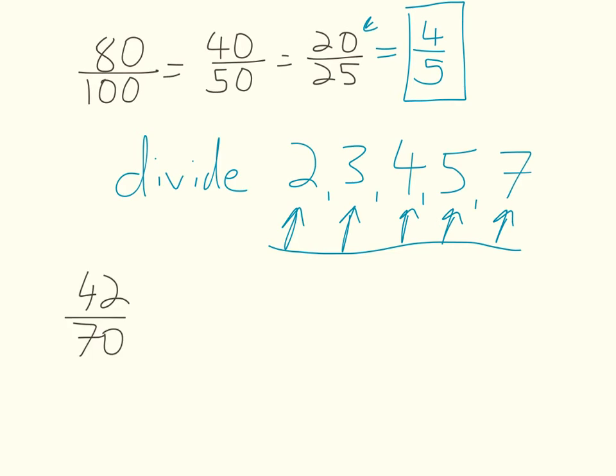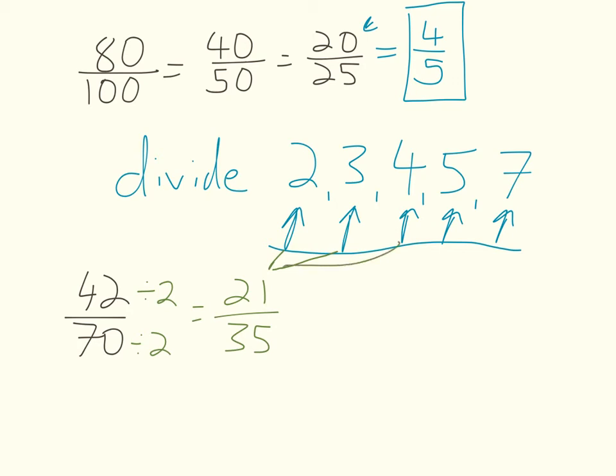Here's another quick example. 42/70. It looks pretty hairy, but if I divide the top and the bottom by 2, I'll get 21/35. Can't divide by 2 because that's an odd number. Can't divide by 3 because 35 can't be divided by 3.